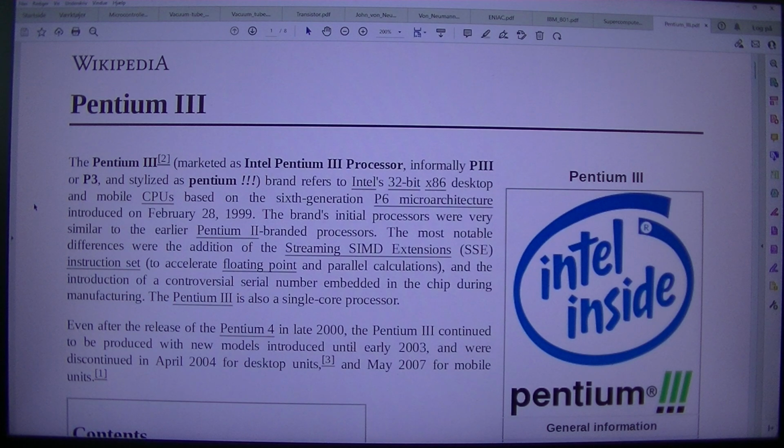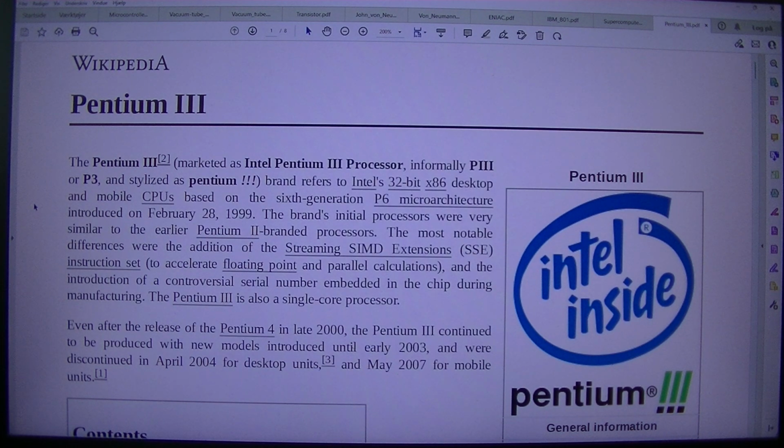The brand's initial processors were very similar to the earlier Pentium II processors. The most notable differences were the addition of the Streaming SIMD Extensions, SSE, instruction set, to accelerate floating point and parallel calculations, and the introduction of a controversial serial number embedded in the chip during manufacturing. The Pentium 3 is also a single-core processor.